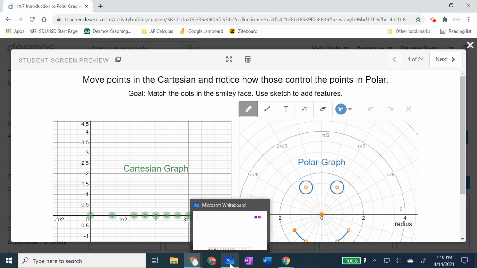So let's look at, can you create your own polar graphs? So let's do r equals, I'll just throw some stuff around.